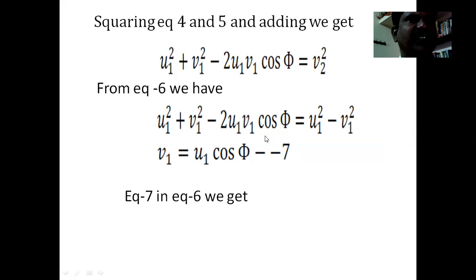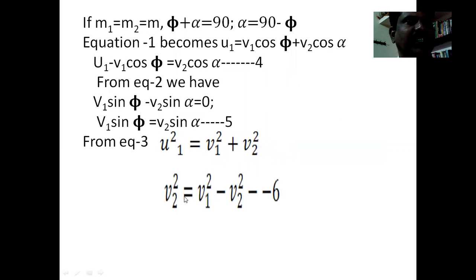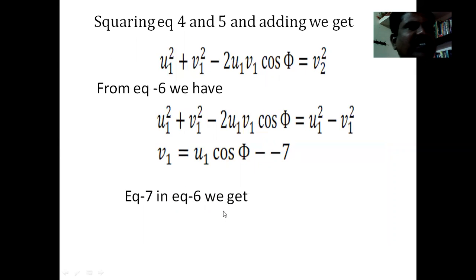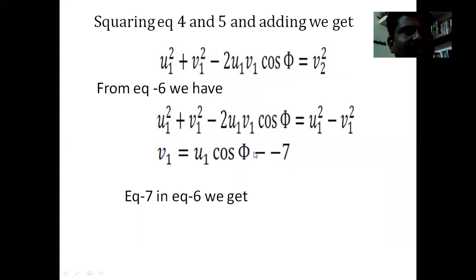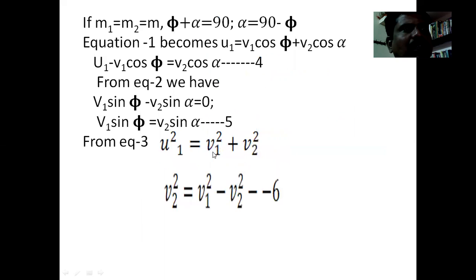Next, from equation 6, v2 square equals u1 square minus v1 square. Using this equation, I want the value of u1 square, which is v1 square plus v2 square.